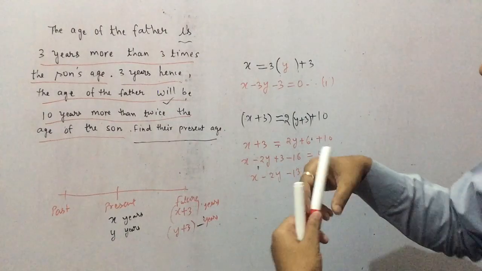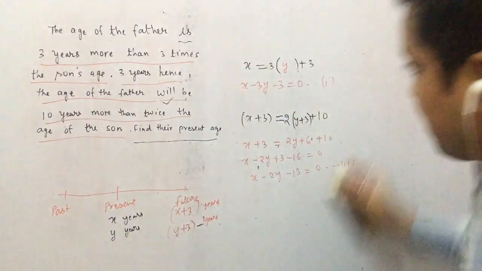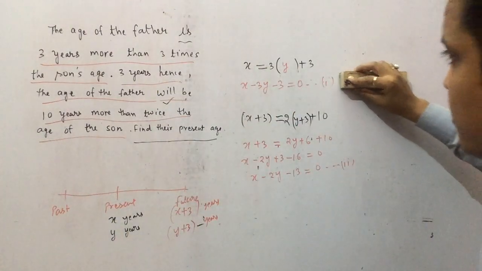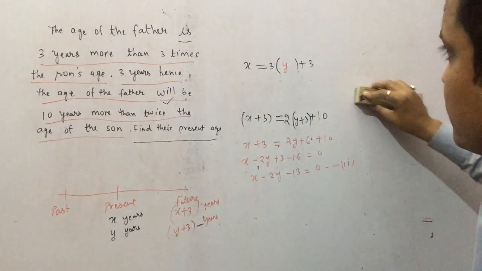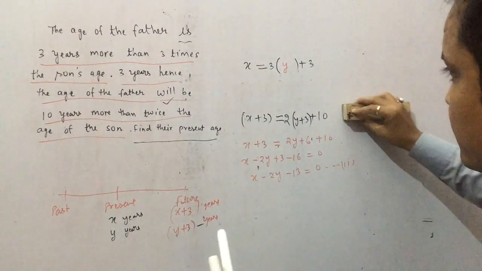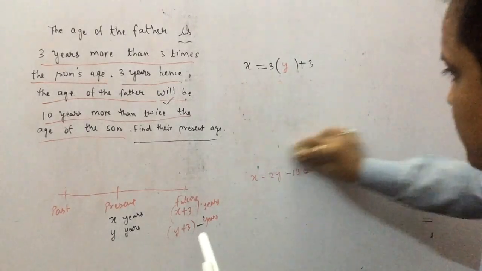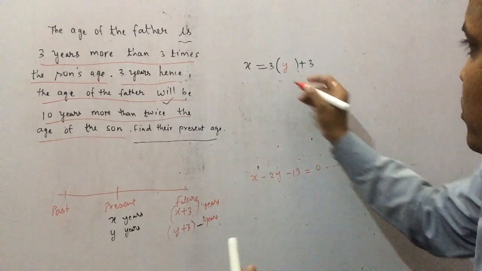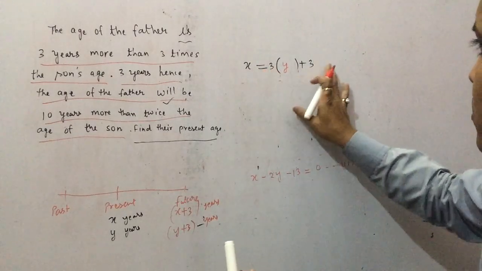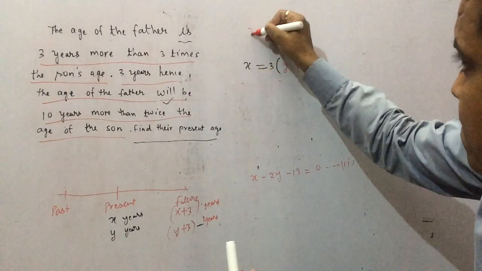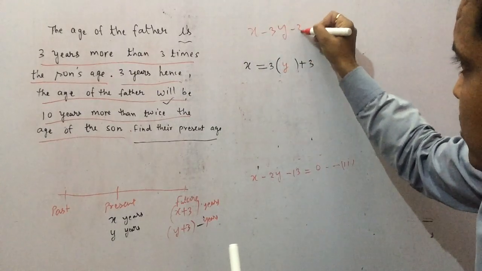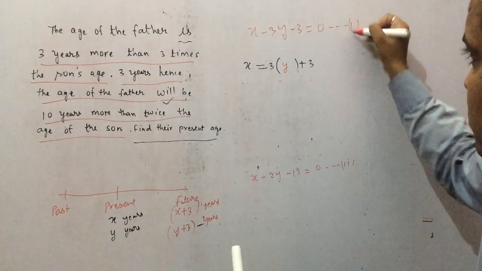I'm going to write the equations first. Your first equation is x minus 3y minus 3 equal to 0. This is the first equation.